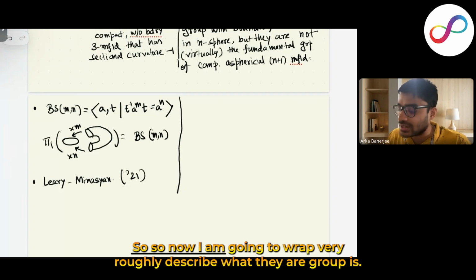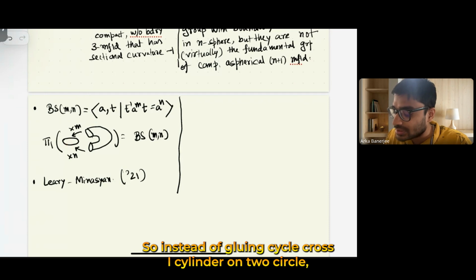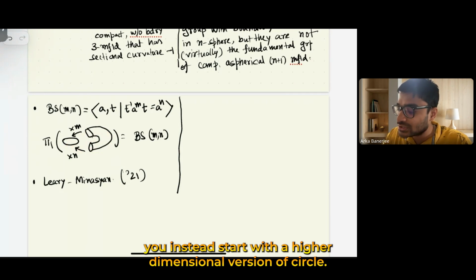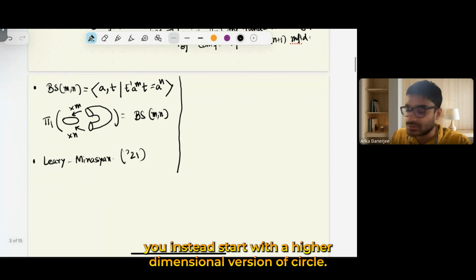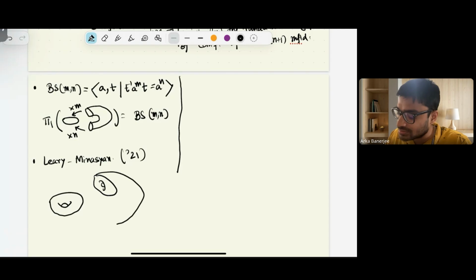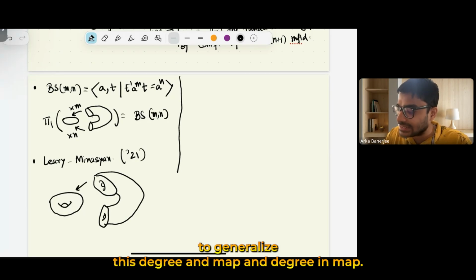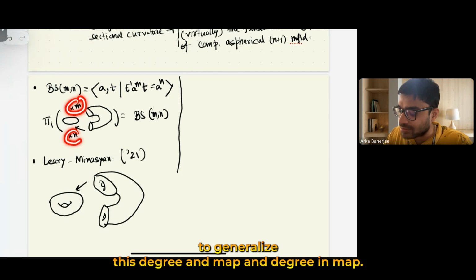So now I'm going to very roughly describe what their group is. Instead of gluing a circle cross I, a cylinder, onto a circle, you start with a higher dimensional version of the circle. So take a torus, and then take a cylinder on the torus. Now there is a way to generalize the degree m map and degree n map.